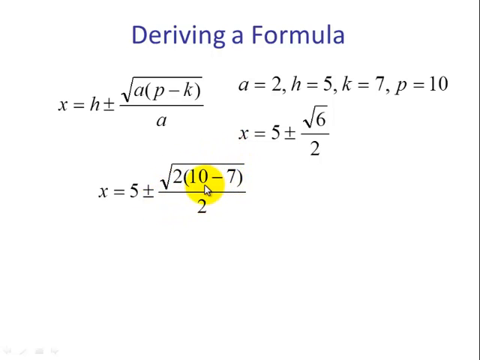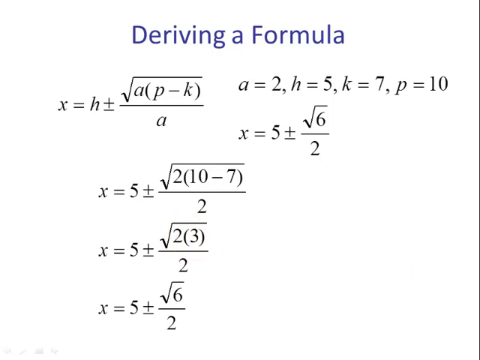Following the order of operations, we do parentheses first. So that's 2 times 3. Next, we multiply, and we get square root of 6 divided by 2. And that value is being added and subtracted from 5. So this answer agrees with the answer we got from number 1.